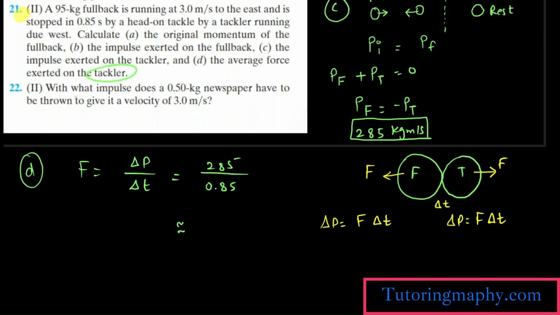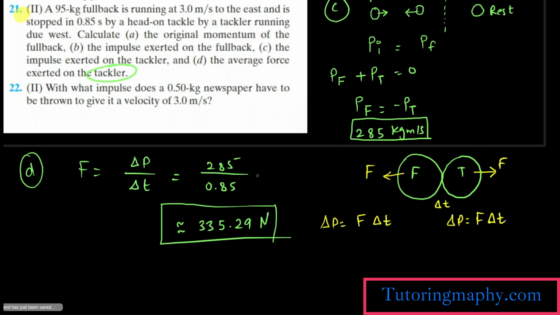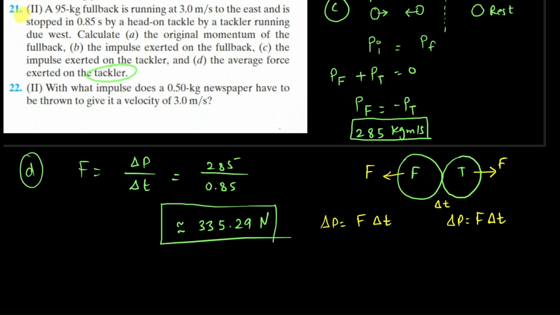The force exerted on him is east. So 285 over 0.85 gives F equal to 335.29 newtons.